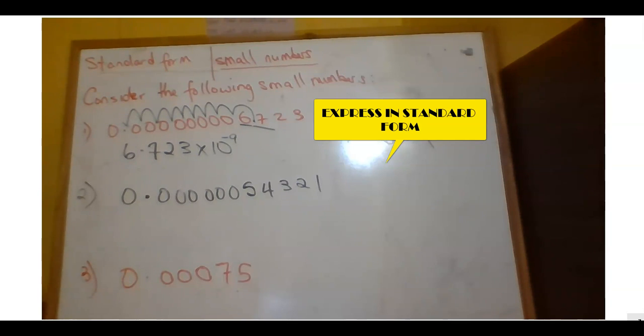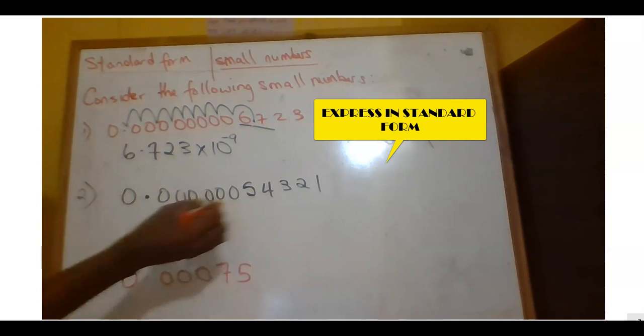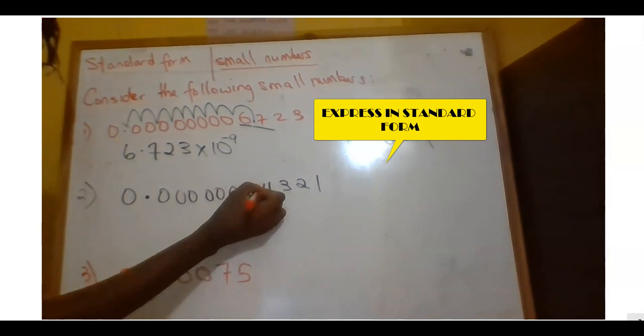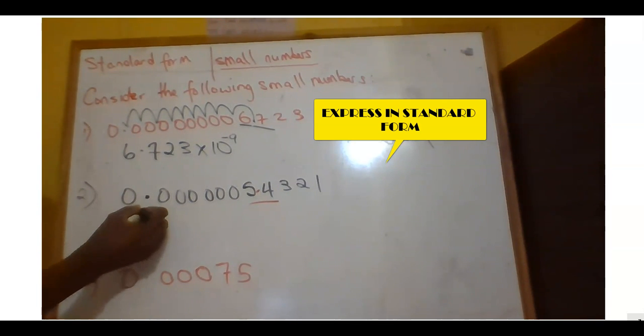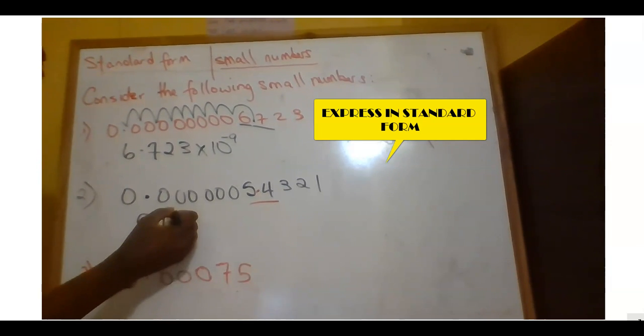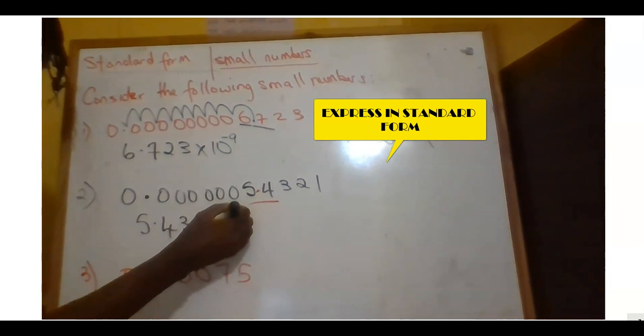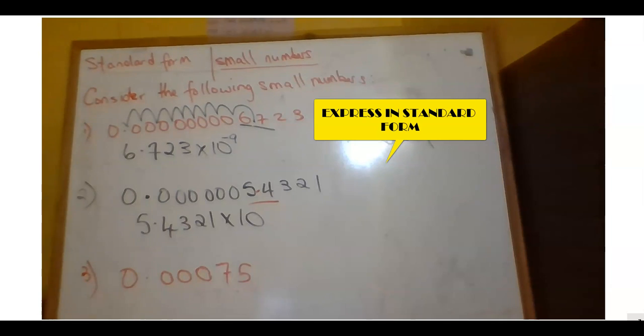Alright, so let's look at the next example. So again, we put our point between the first two non-zero digits. That's right here. So it's going to be 5.4. So the first part of our standard form will be 5.4321 times 10 to some power.